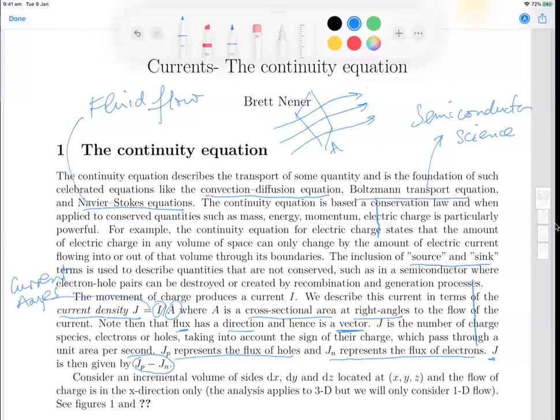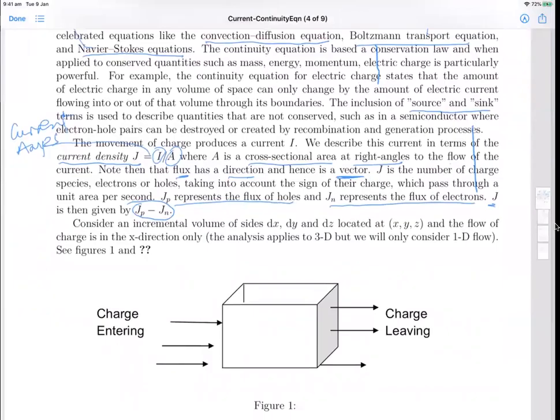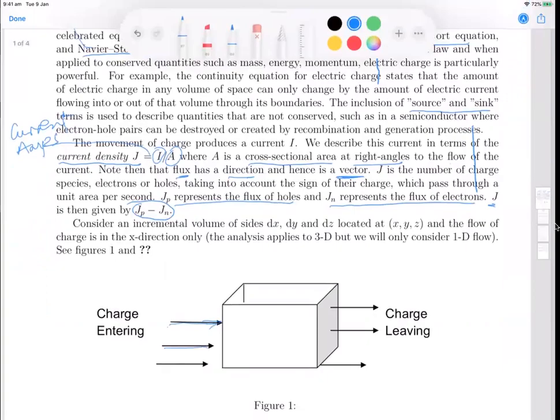So let's consider the situation shown here in this figure, figure 1. So we have our flux of charge coming from the left, and so we have flux coming this way, and there's a certain amount of flux coming out.